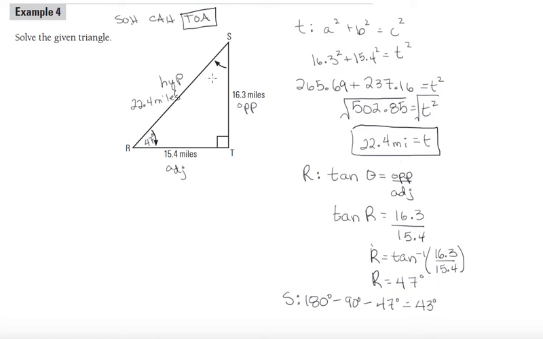So I know that this angle over here is 43 degrees, so R is 47. S is equal to 43 degrees. I should say that's angle S and angle R. And now our triangle has been completely solved.